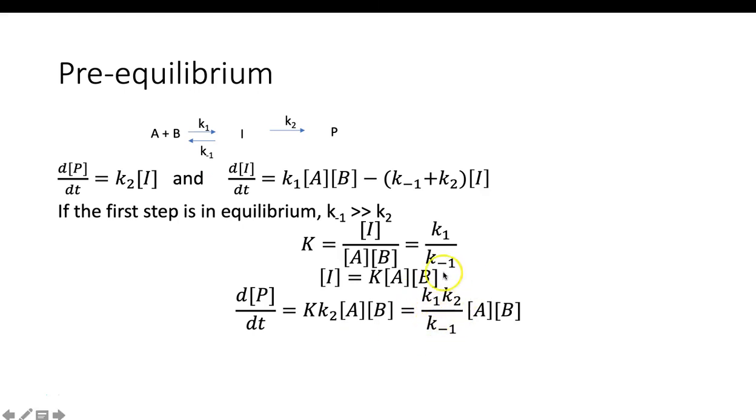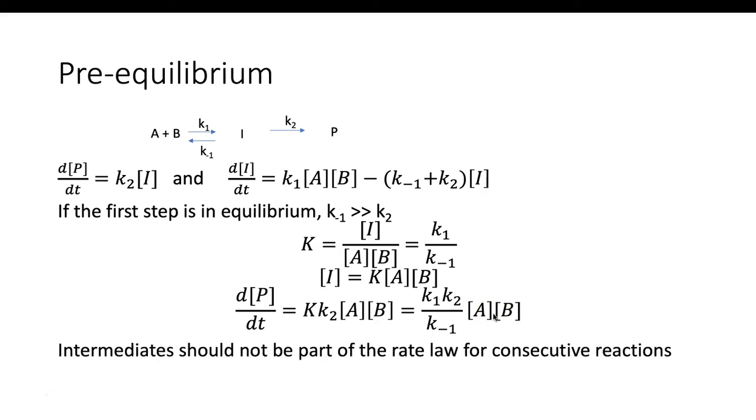And so then it's just this combination of all of these rate constants: the product of these rate constants over the reverse reaction's rate constant, times our reactant concentrations.